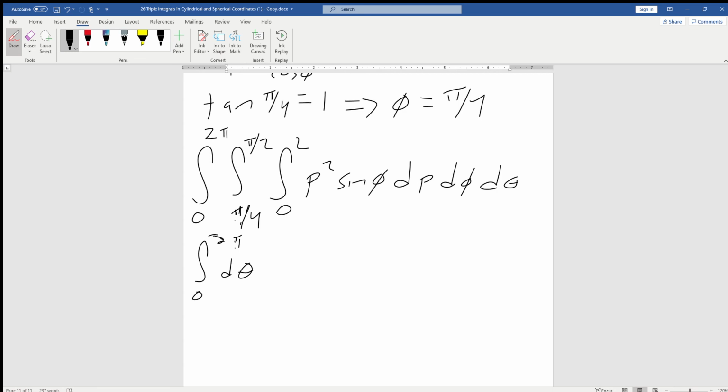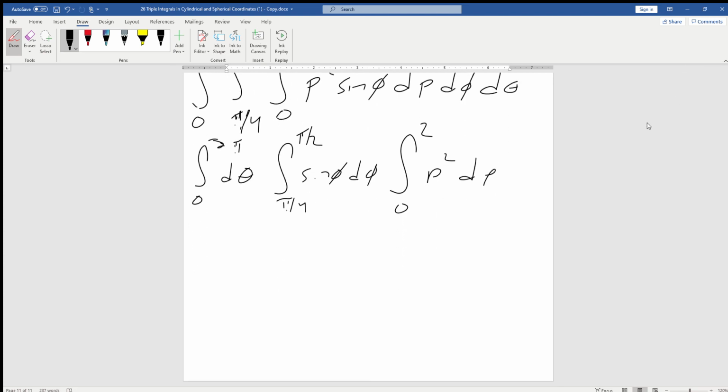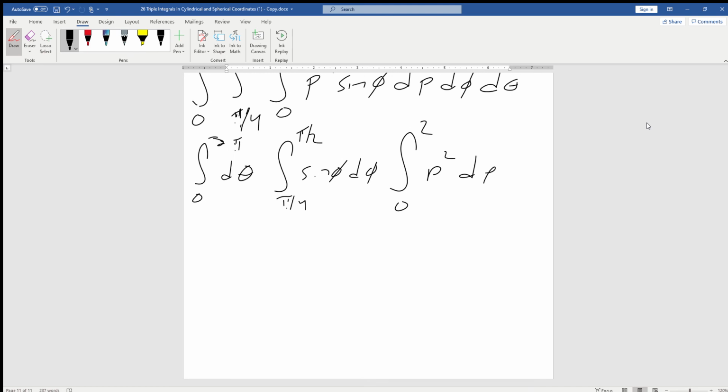We have pi fourths to pi halves of sine phi d phi. We're going to have to do a little bit of trig, not much. And then finally, we get 0 to 2 of rho squared d rho. All three of these are fairly easy. The first one, we've seen that a few times.